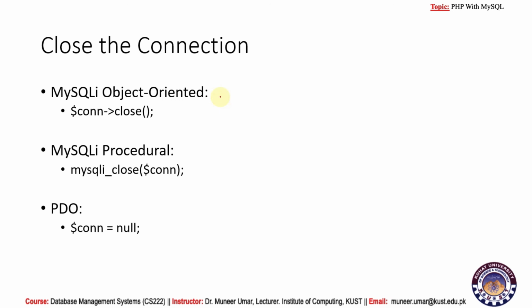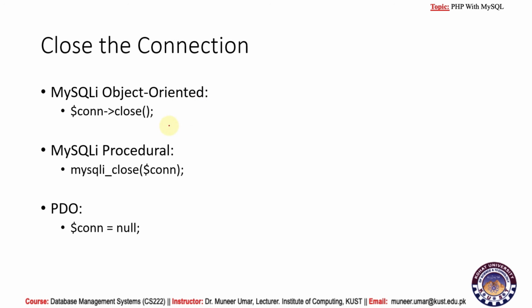So if you are working with databases, then definitely you will create connections for databases, and once you perform all the operations on the database, it might be a single database or multiple databases, you must also close the connections at the bottom of the document or at the last of the web pages.